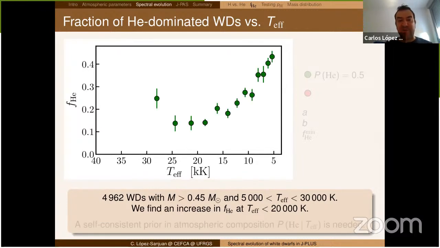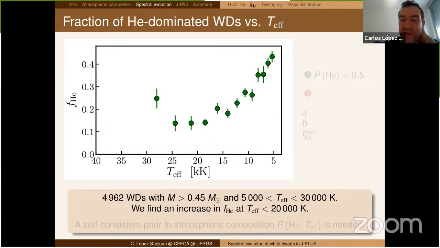So what are the results that we found? We found an increase in the fraction of helium white dwarfs below 20,000 Kelvin, but this can be a physical result, but also can be a biased result, because as we go to lower temperatures, as we go to the right, the lines are less and less prominent, so it's more and more difficult to disentangle between the both types of white dwarfs.